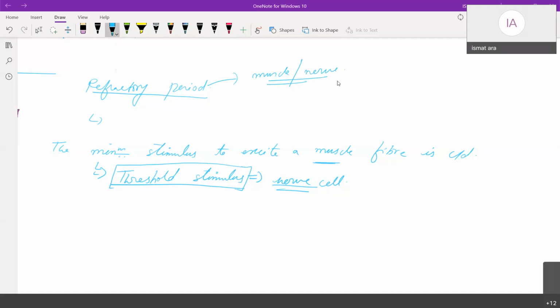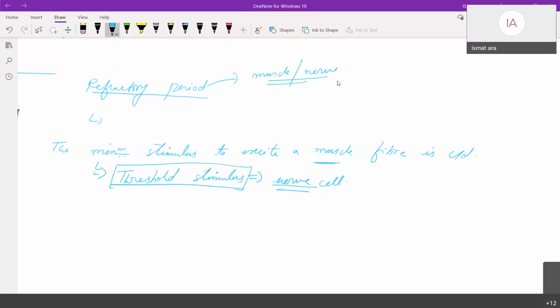Now, after giving the first stimulus, that muscle cannot be excited by a second stimulus for a very small fraction of a second, for example 0.003 second for cardiac muscle.